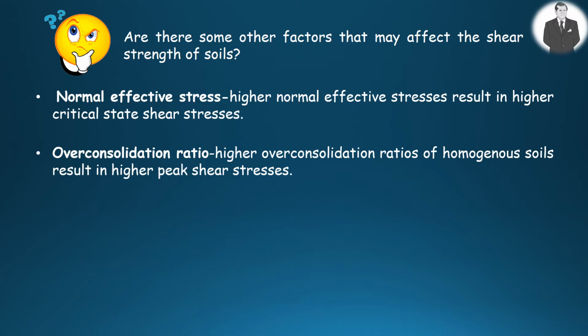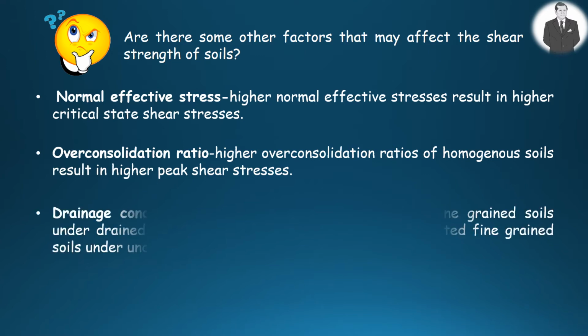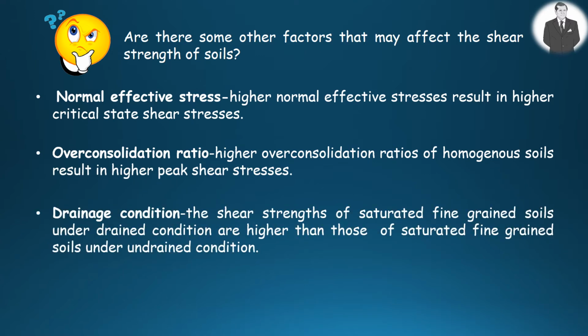Higher overconsolidation ratios of homogeneous soils bring about higher peak shear stresses. And drainage condition is an effective factor as well. The shear strengths of saturated fine-grained soils under drained condition are higher than those of saturated fine-grained soils under undrained condition.